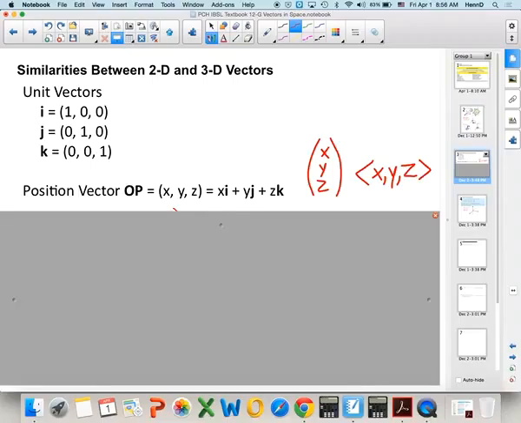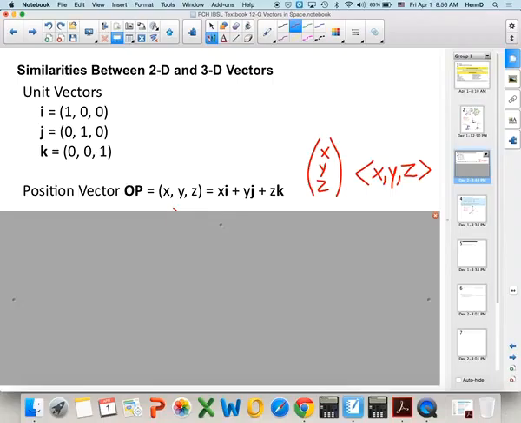But if I'm using the unit vector notation, it would just be my horizontal component times I plus my vertical component times J plus my Z, or my depth, or whatever you want to call that component, times K. So xi plus yj plus zk.